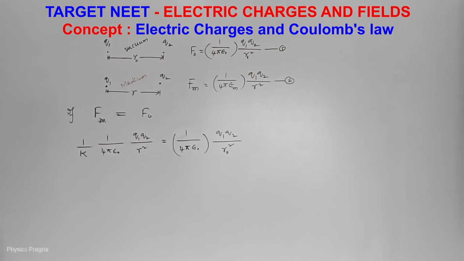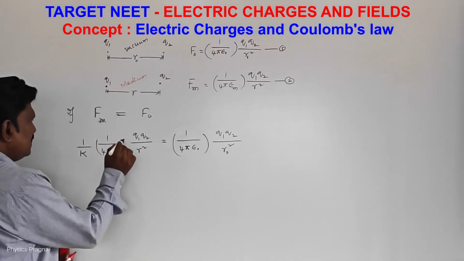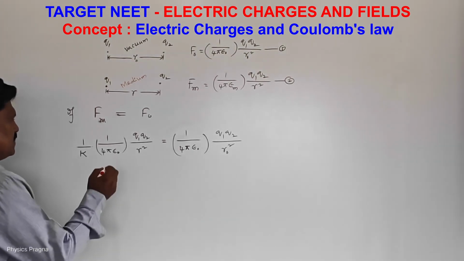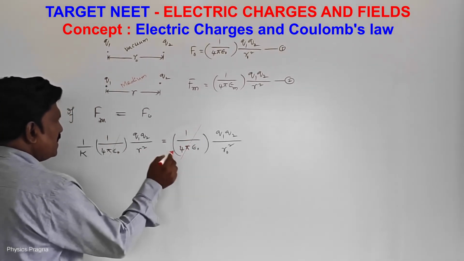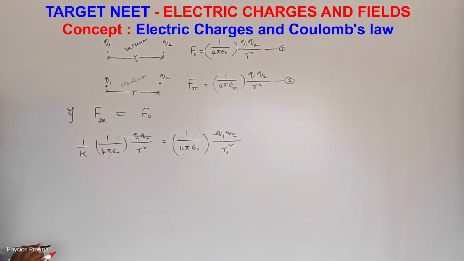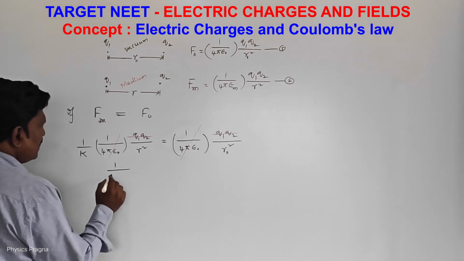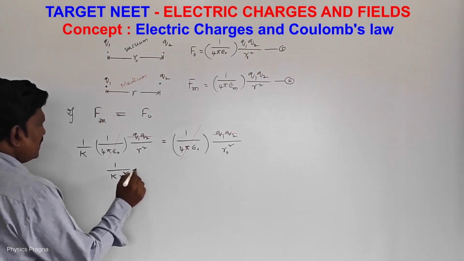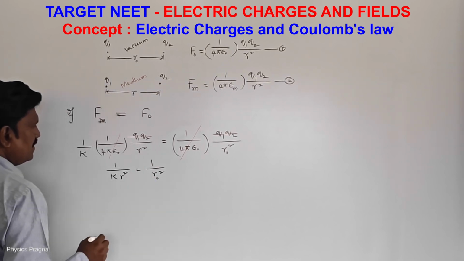So be careful while using this formula. I will cancel whatever is common on both sides. So 1 by 4 pi epsilon naught cancels, q1 q2 cancels. Then 1 by k r square is equal to 1 by r naught square.